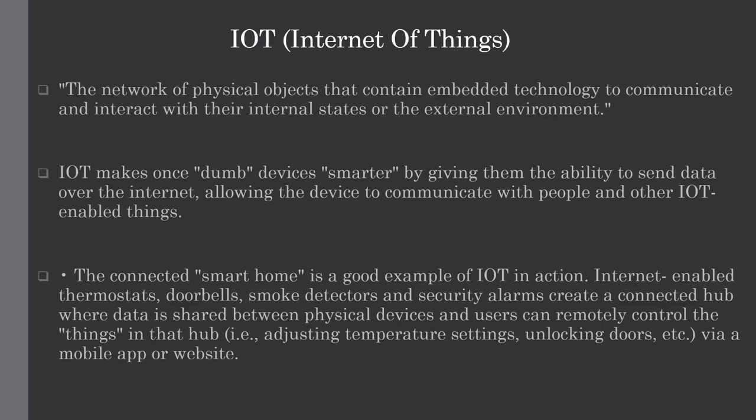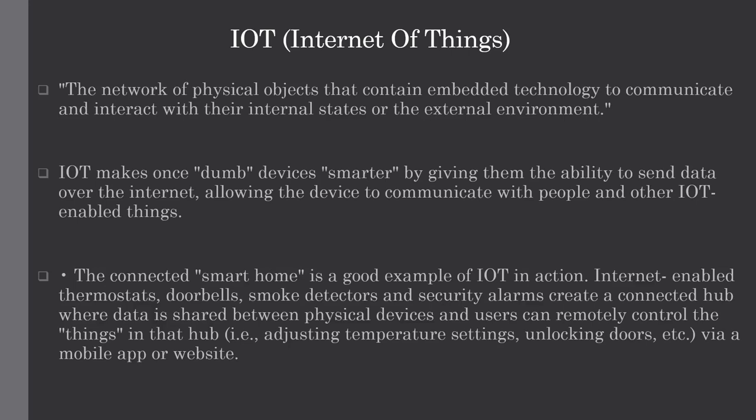And this one is the IoT, Internet of Things: the network of physical objects that contain embedded technology to communicate and interact with their internal state or the external environment. Second, IoT makes dumb devices smarter by giving them the ability to send data over the internet, allowing the devices to communicate with people and other IoT-enabled things. And third is the smart home.